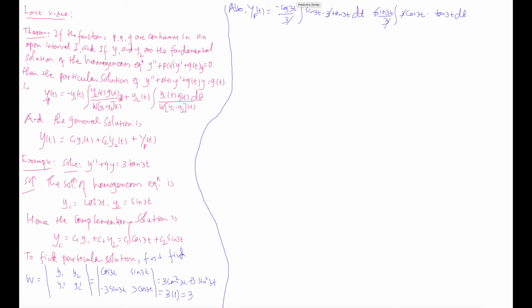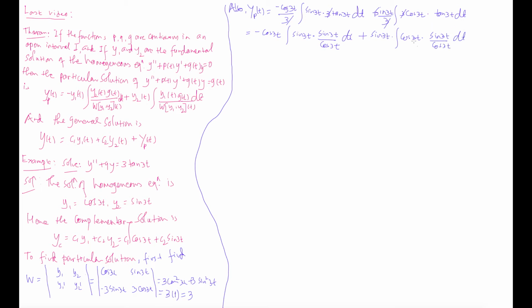So basically you get negative cosine 3t times the integral of sine 3t times tangent 3t, and let's write tangent as sine over cosine, sine 3t over cosine 3t dt, and then plus sine 3t times the integral of cosine 3t times sine 3t over cosine 3t dt.